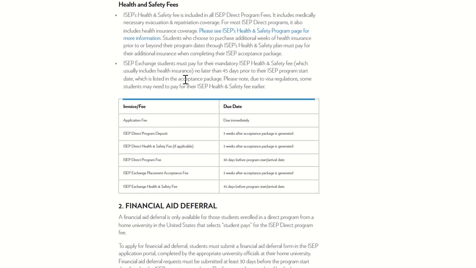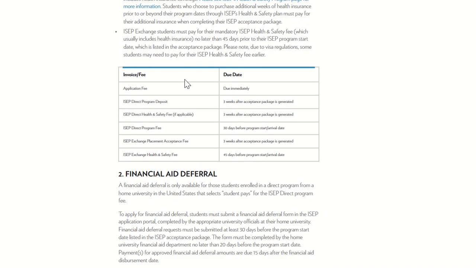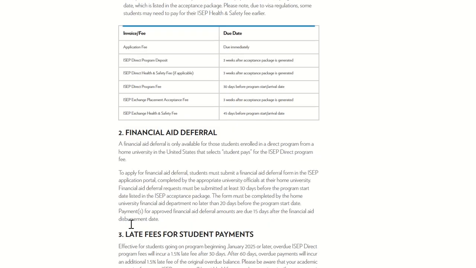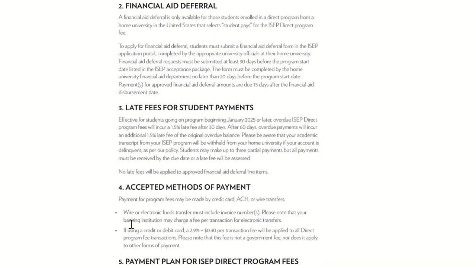Federal financial aid should apply for U.S. students. We strongly suggest you meet with your financial aid office for more information. We also encourage you to check out ISEP Student Payment Policies webpage for further information on ISEP Direct program fee payment options.